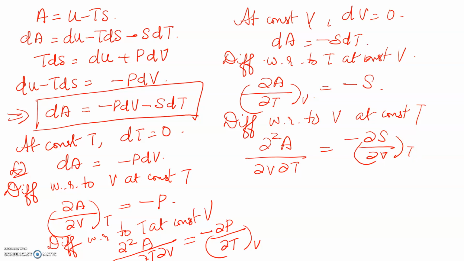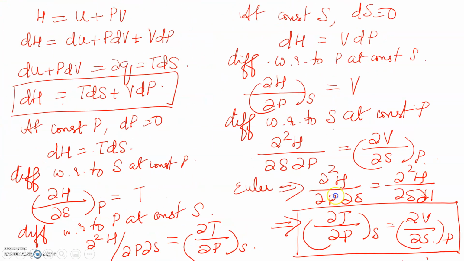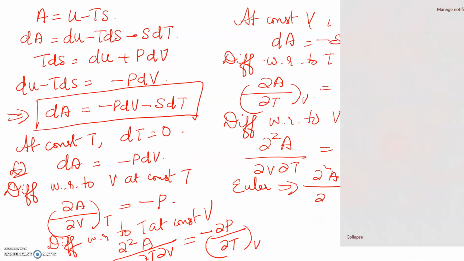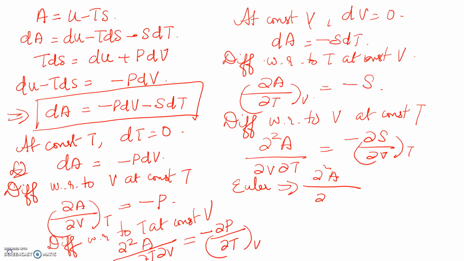Okay. Now, according to Euler, A being a state function, ∂²A/∂T∂V is equal to ∂²A/∂V∂T. Okay. ∂²A/∂T∂V is minus ∂P/∂T at constant volume.